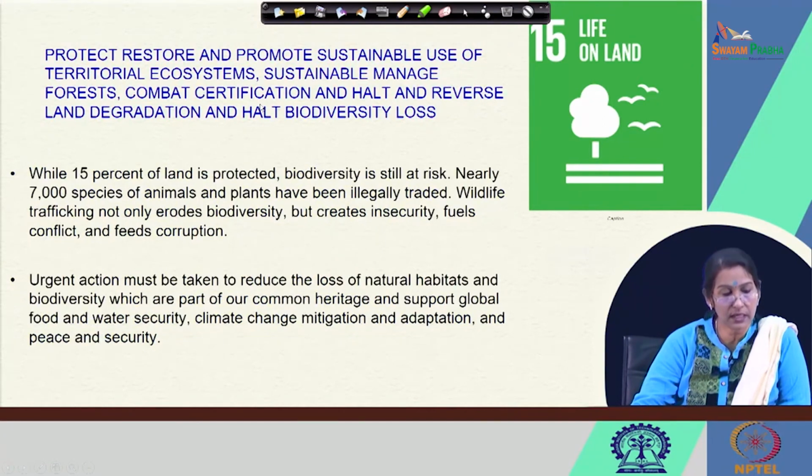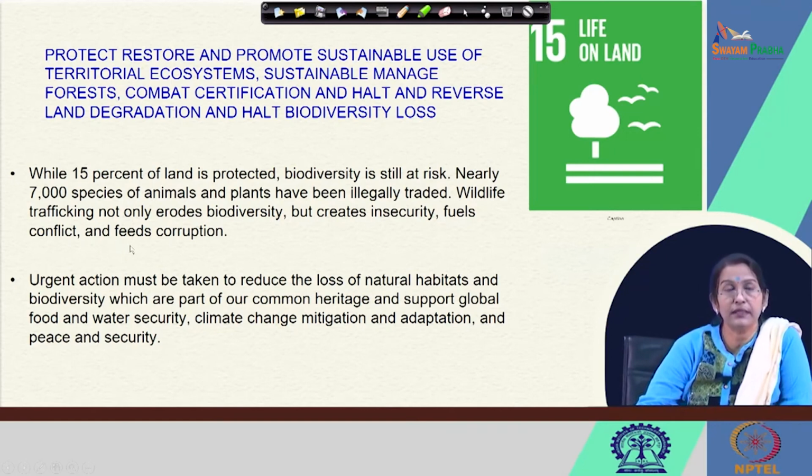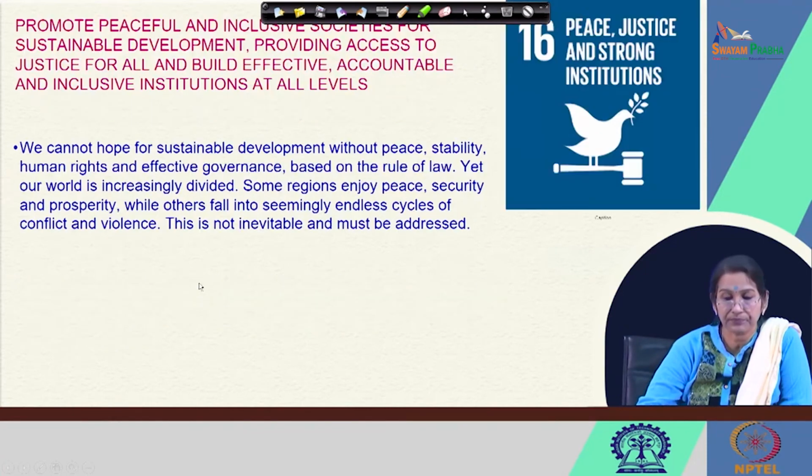It has become a very important factor, and urgent action must be taken to reduce the loss of natural habitat and to take care of biodiversity, which is part of our common heritage and support system. Climate change mitigation and adaptation, and peace and security, that means the coexistence of all living organisms and taking care of the environment, have become the priority of this SDG.